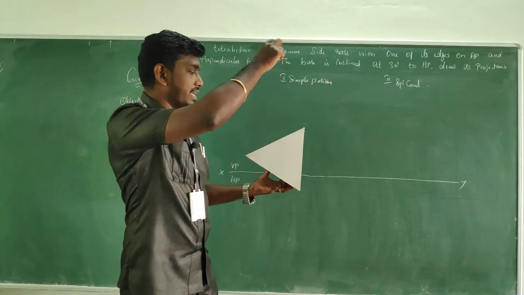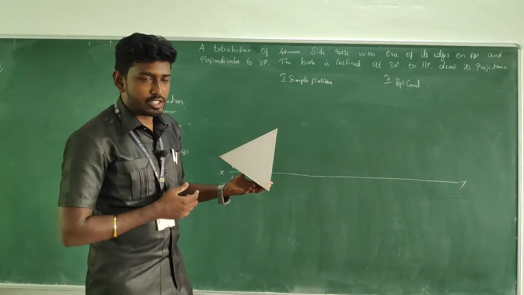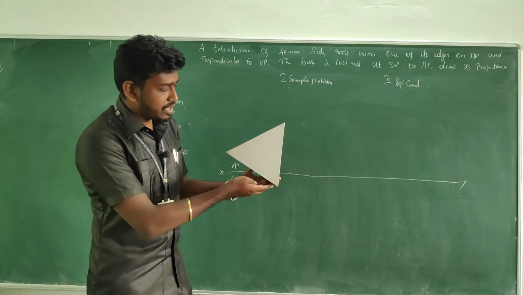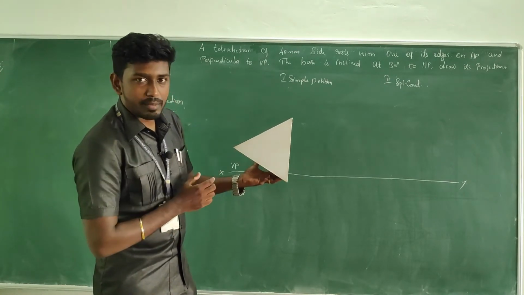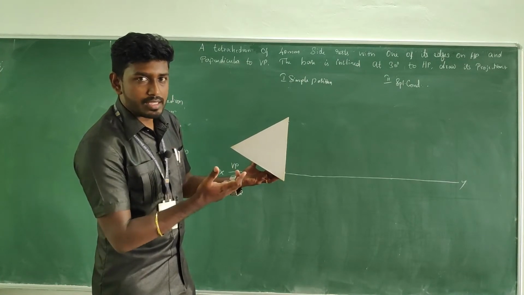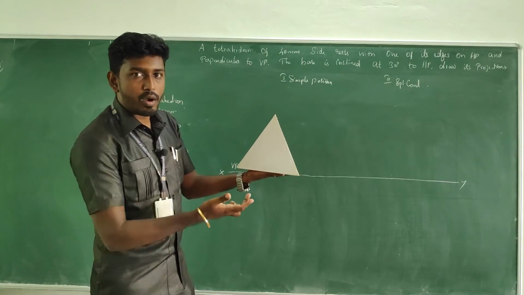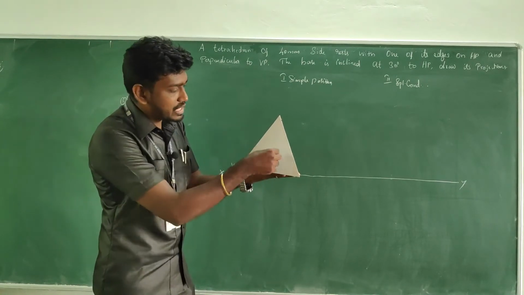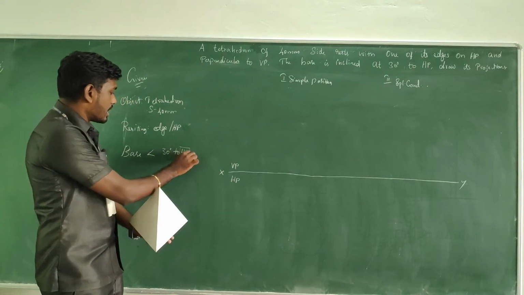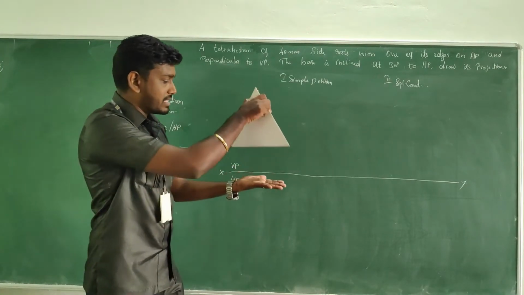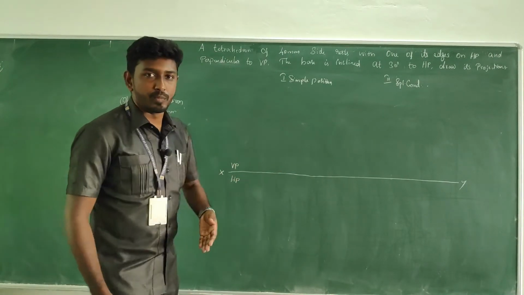Okay, for this we are going to take the observation. In the simple position, since the base is inclined to HP, the logical manner is to keep the object with the axis perpendicular to HP in order to get the simple position.